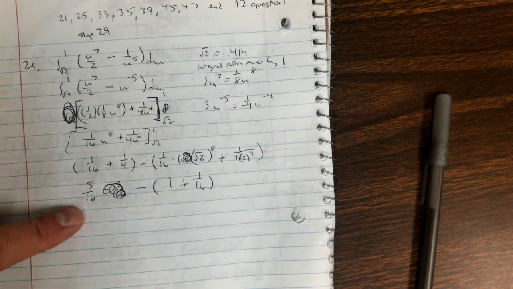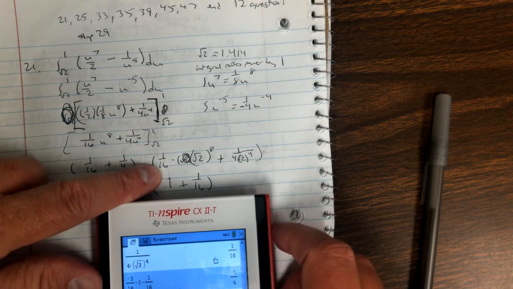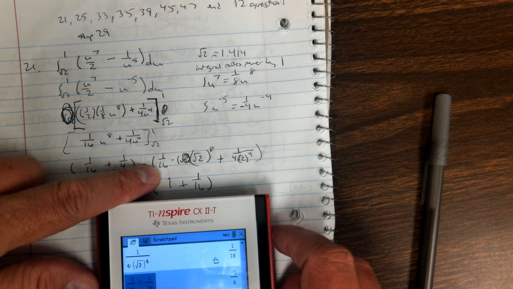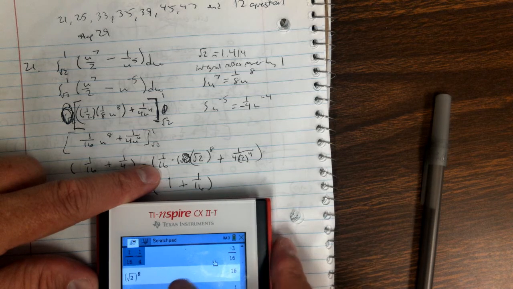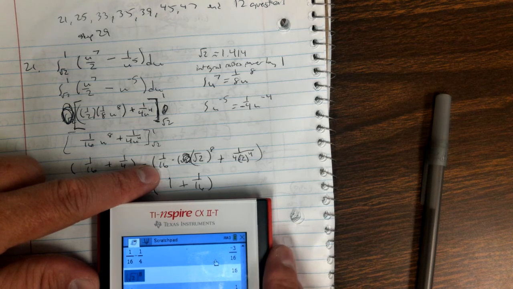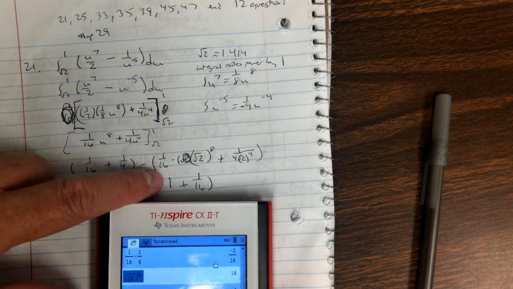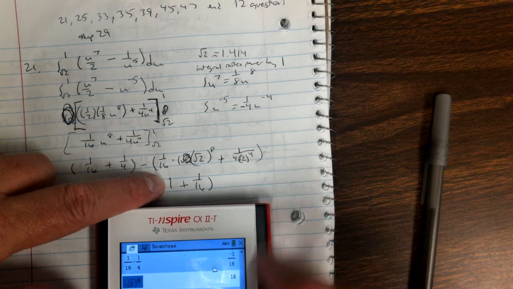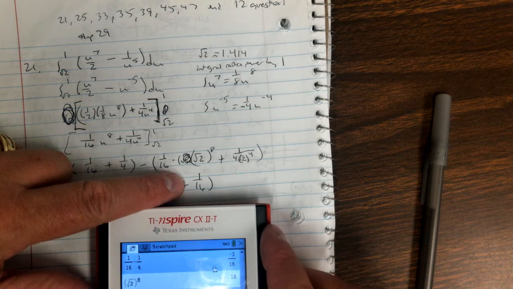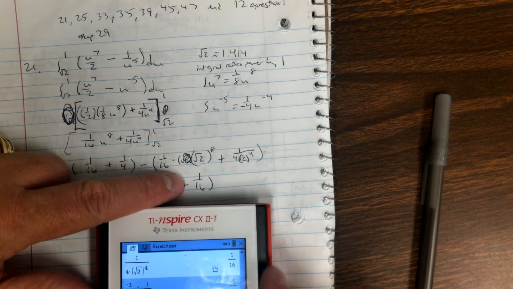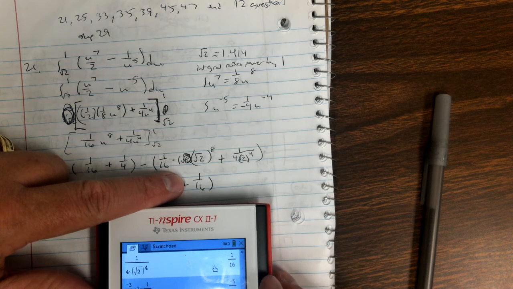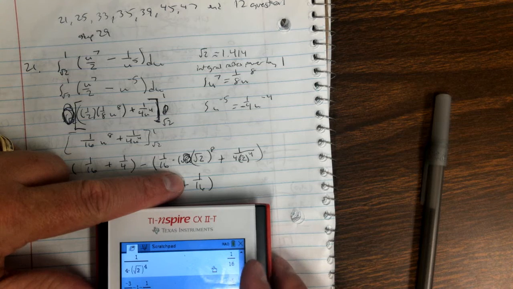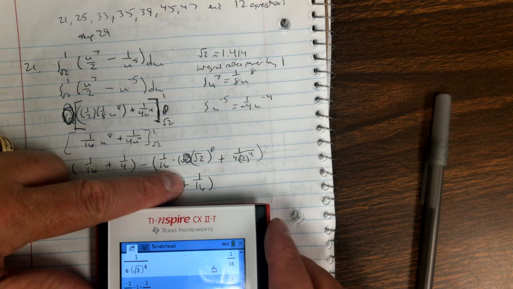And then let's see how this part works out. Square root of 2 to the 8th was 16, divided by 16 was 1, so that's still 1. And then on this part, we need 1 divided by 4 and square root of 2 to the 4th power.